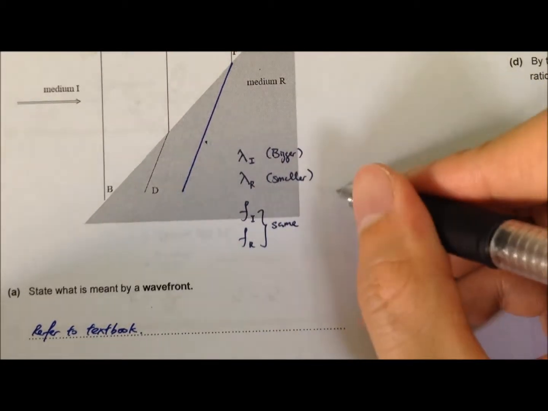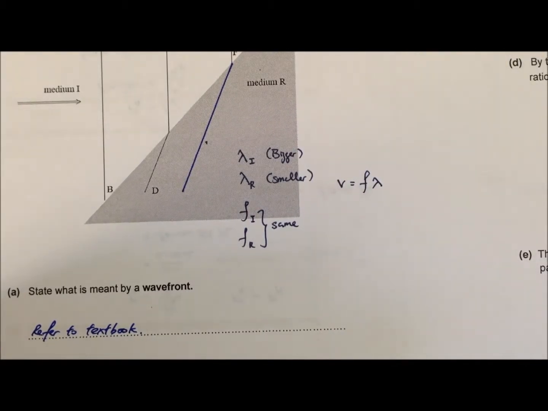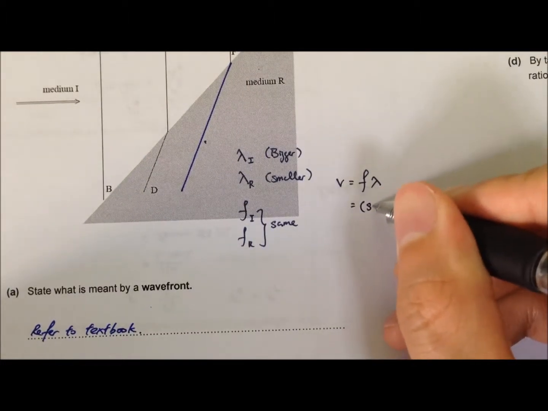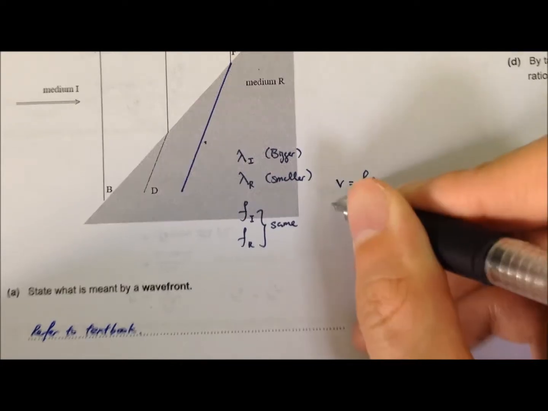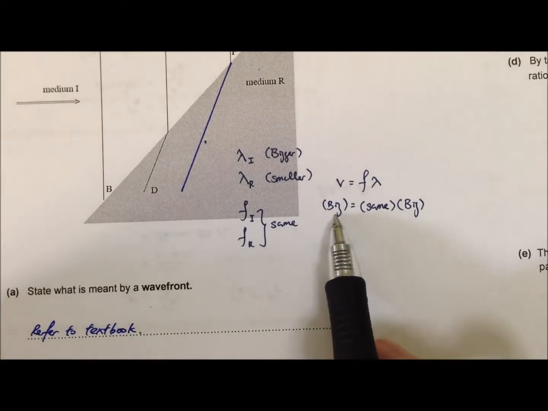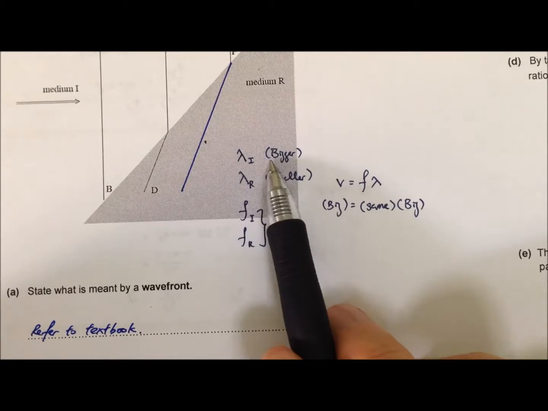With this knowledge, you can use the formula V equals F lambda. Since the frequency is the same, when this becomes big, your velocity becomes big, right? And you want to find the higher speed, so you want the lambda of I.